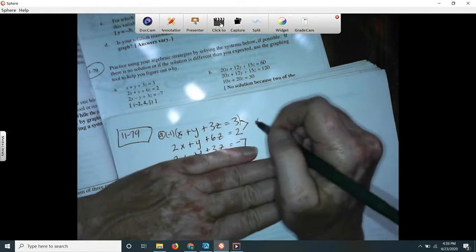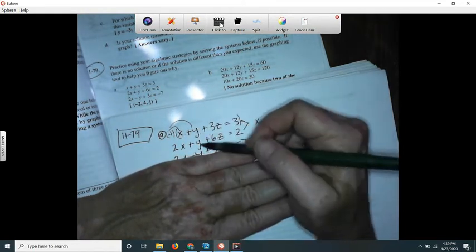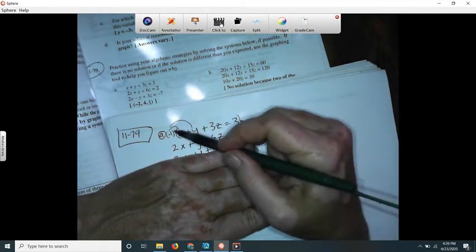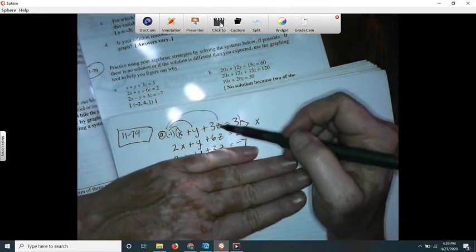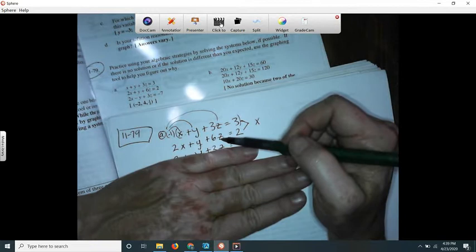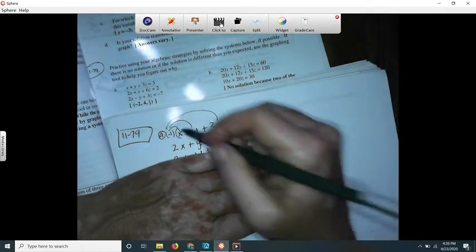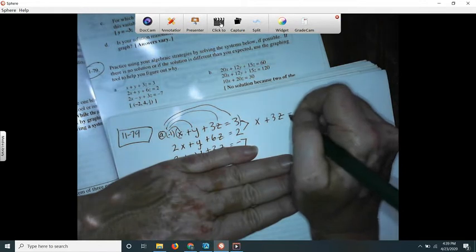It's x. What's -y plus y? Well, it's nothing, right? So I eliminated the y. What's -1 times 3z? That's -3z plus 6z gives me 3z. -1 times 3 is -3 plus 2 is -1.